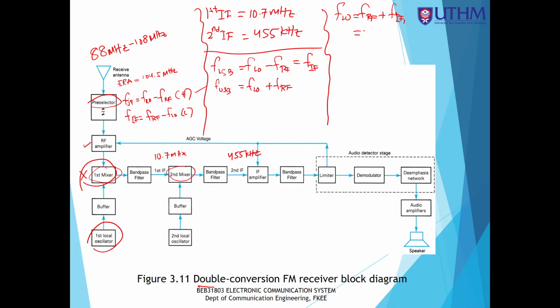So that means 104.5 megahertz, the radio station that I want to listen to, plus 10.7 of the first IF. This is equal to 115.2 megahertz. So I need to use a local oscillator frequency of this value if I want to use a high side injection.